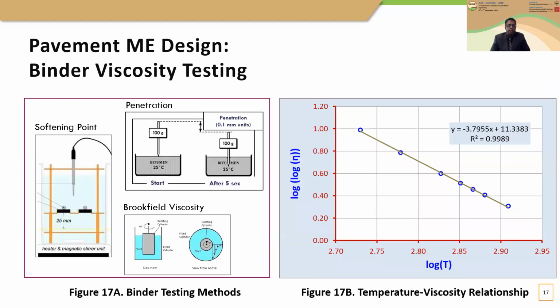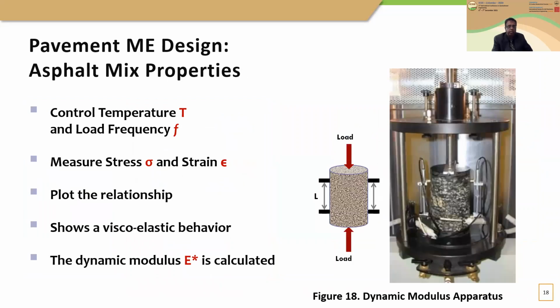The temperature viscosity relationship is obtained by performing 3 different tests on binder, namely softening point, Brookfield viscosity, and penetration test. Then dynamic modulus, E star, of the mix is determined for several load frequencies applied to the asphalt concrete specimen at different temperatures in the lab.